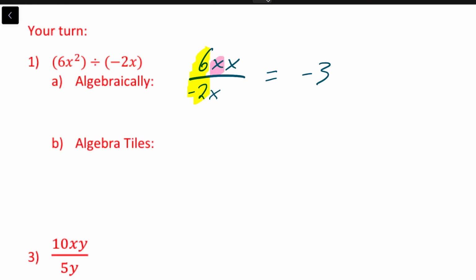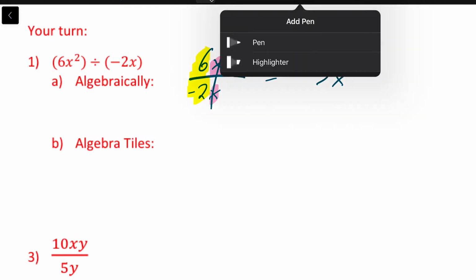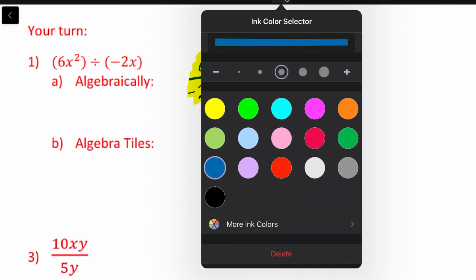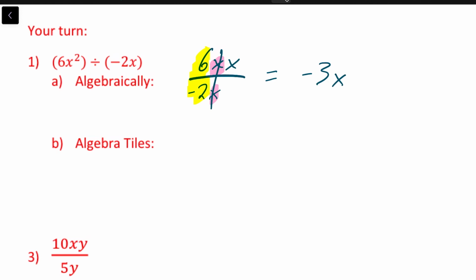And then x divided by x is equal to 1, which essentially cancels them out, which leaves me with negative 3x as my final answer. That last x there can't be canceled out, so it gets brought into the answer. Since it's not canceled out, it stays. So that's what ends up here.